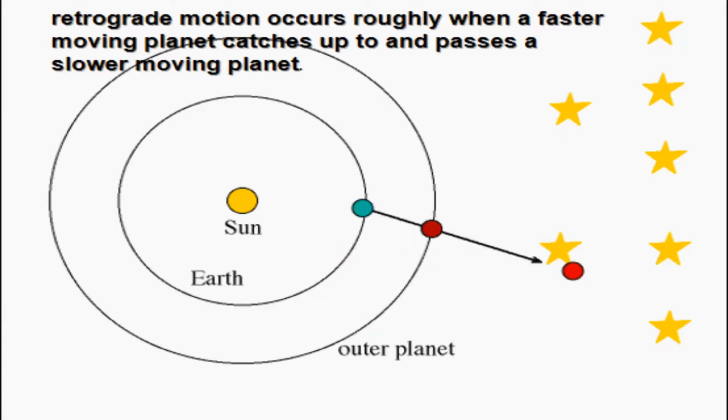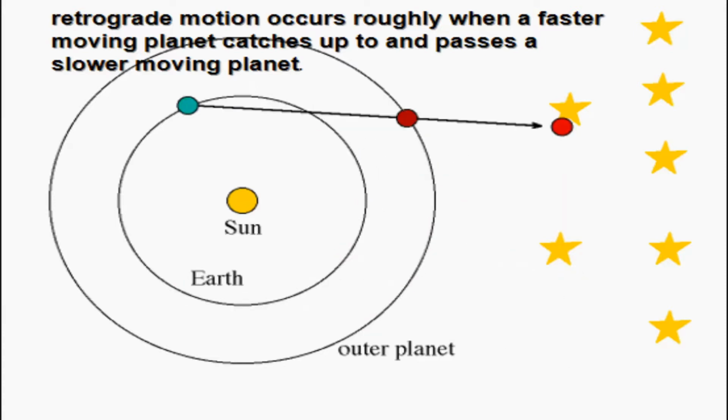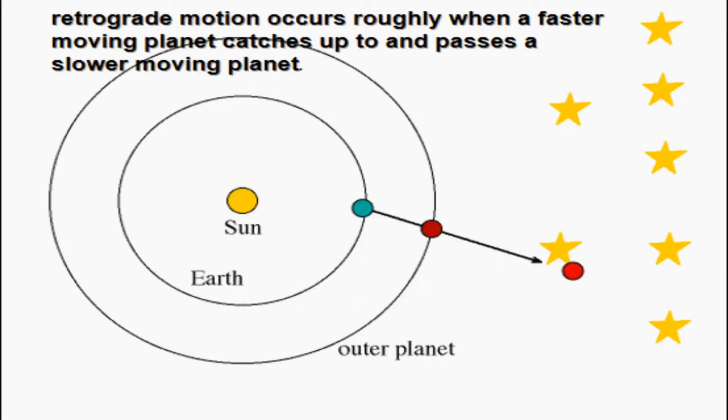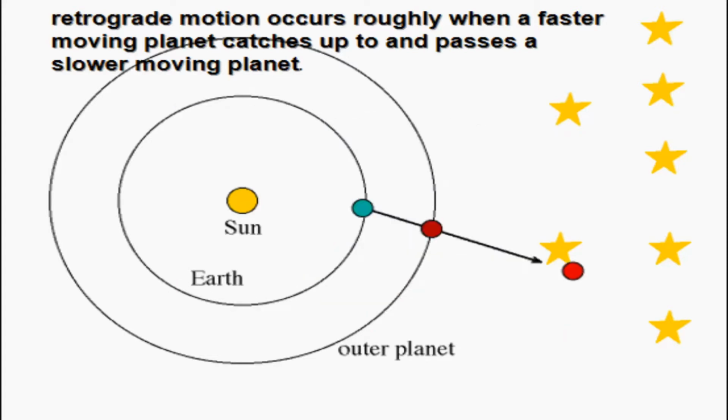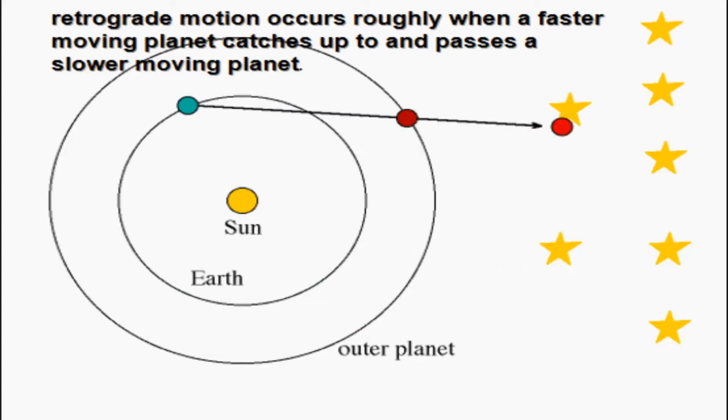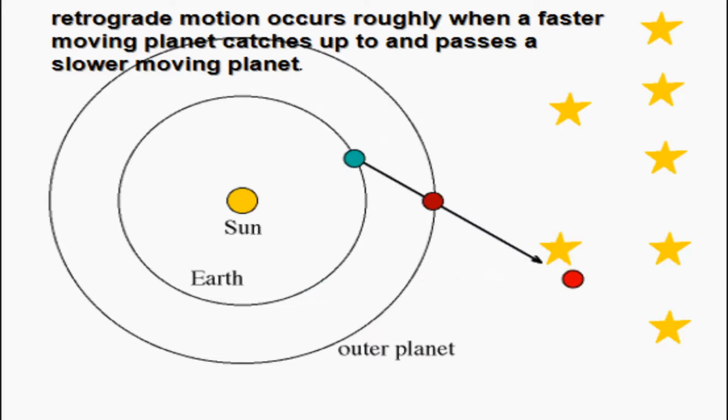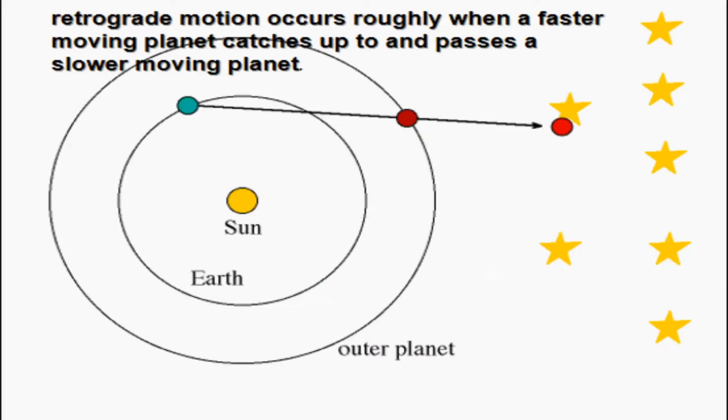Now everybody, I want you to zoom in on this animated illustration. Now the blue dot represents Earth and the red dot represents Mars. Now we know for a fact that the Earth moves around the Sun faster as compared to Mars, as Mars is a slower moving planet.